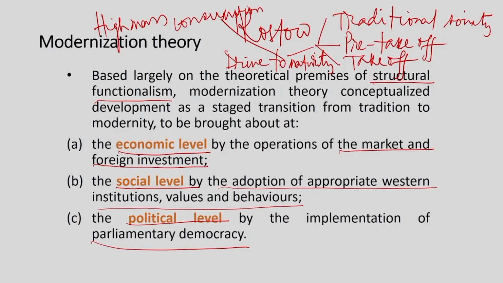That's what structural functionalism is all about. And how modernization theory conceptualized development as a staged transition from tradition to modernity to be brought about at the economic level, at the social level, at the political level. We have discussed this, right?